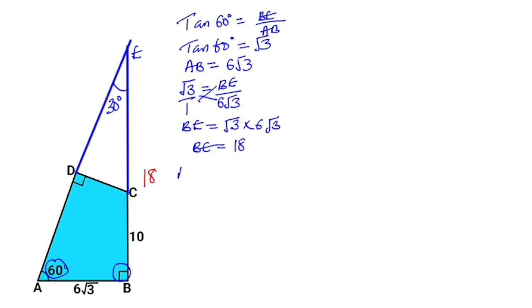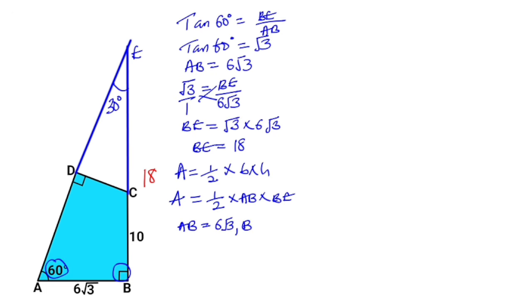Next, let's find the total area of this large triangle. To do this, let's recall that the area of a triangle is equal to 1 over 2 times the base times the height. So, the area of triangle ABE is equal to 1 over 2 times AB times BE. Let's plug in our values. AB is 6 square root of 3 and BE is 18.